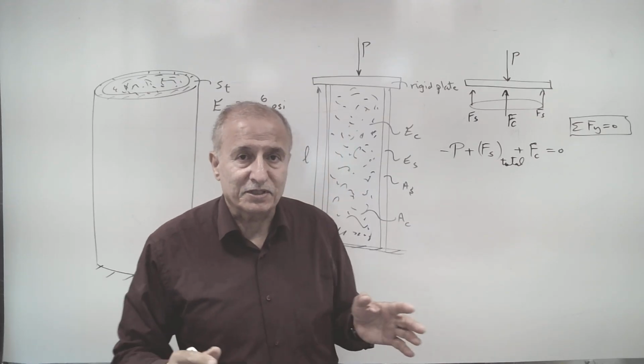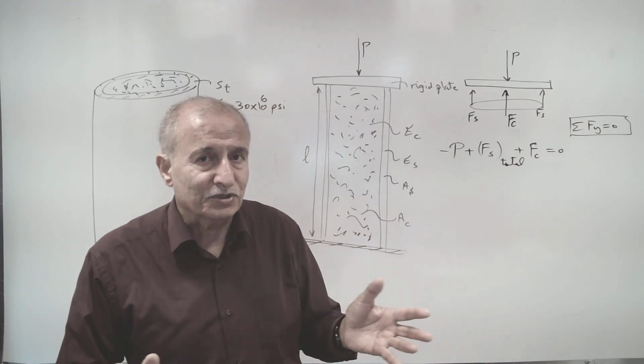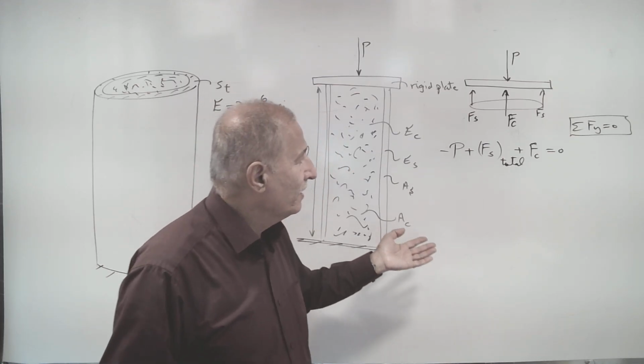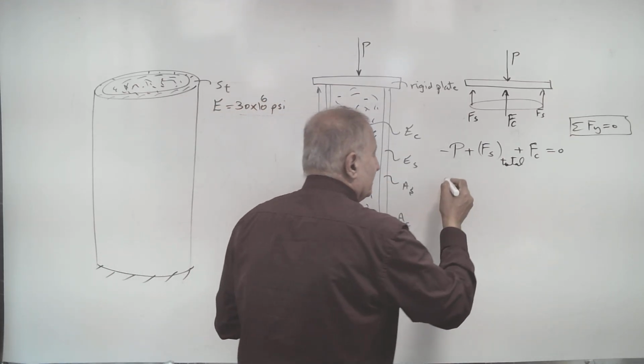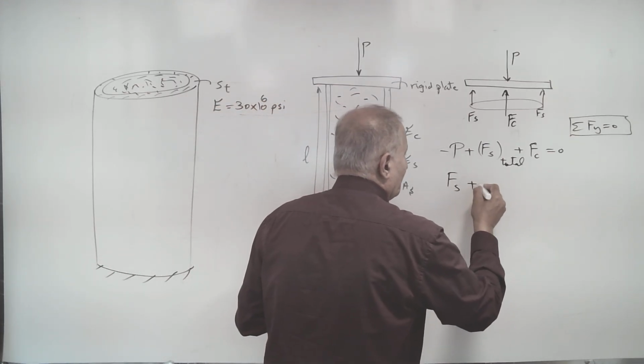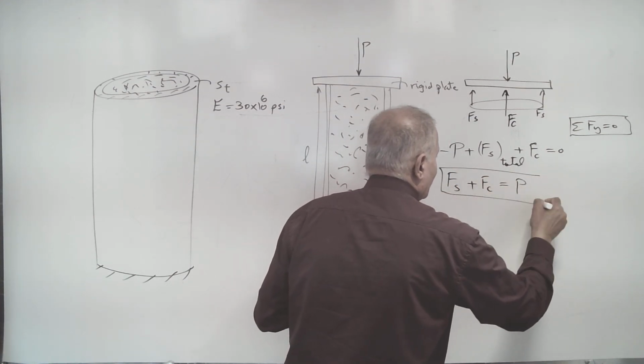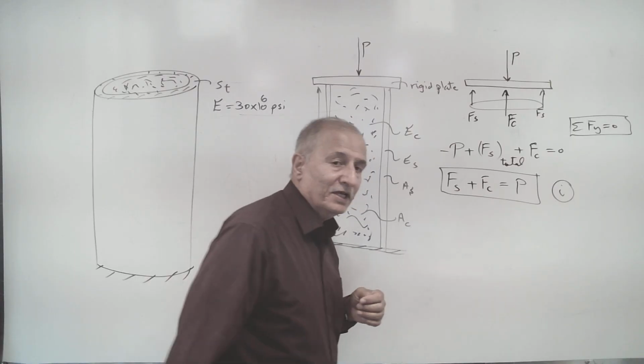Equations of equilibrium in statics: we don't have other equations, we don't need other equations here. Just this one applies. Then it means that F steel total plus F concrete total equals P. Okay, we have one equation here.